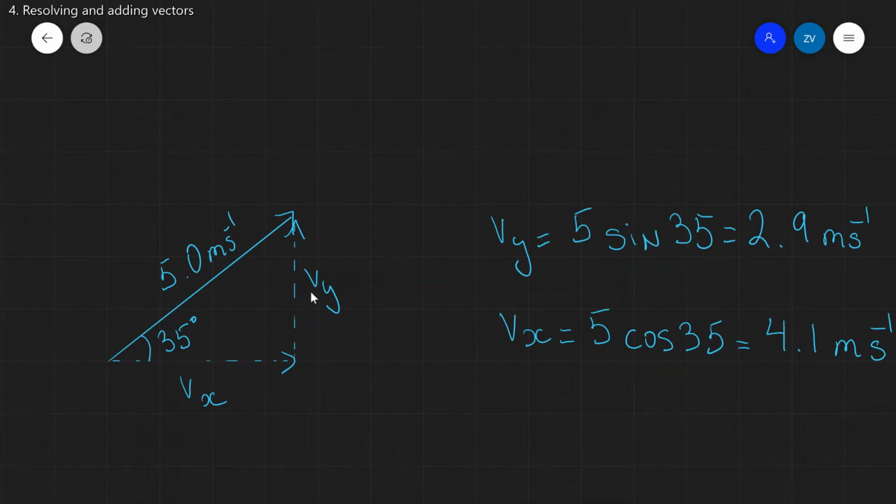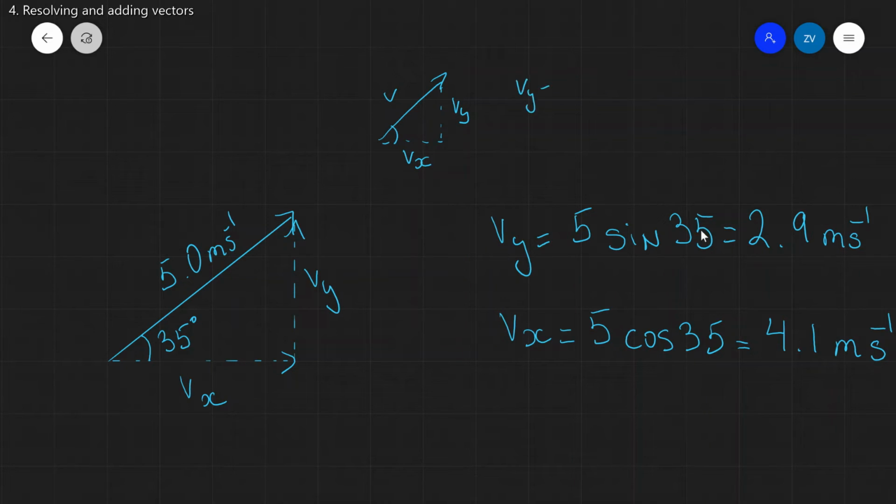Vy will be equal to the value of our hypotenuse, which is 5, times the sine of the angle. So the opposite component will always be equal to the value of our hypotenuse times the sine of the angle. In general, let's say that this here was v, and what we wanted to do is find Vy and Vx.